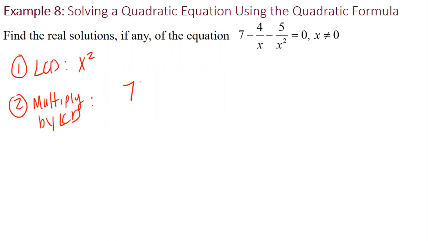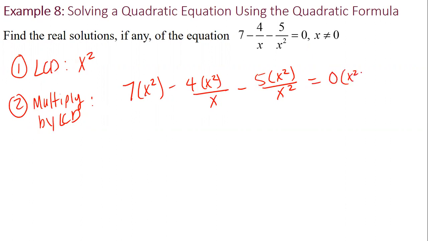So I'm going to have 7 times x squared minus 4 times x squared divided by x minus 5 times x squared divided by x squared. And is there any real purpose of multiplying anything by 0? No, but I'll write it for the sake of notes.